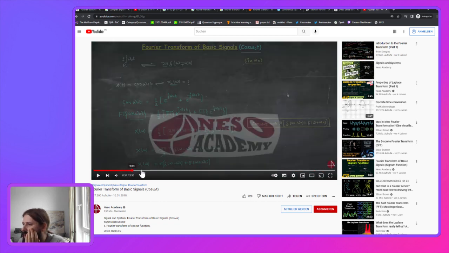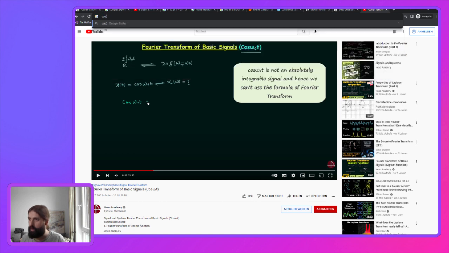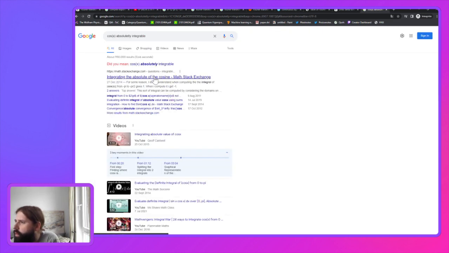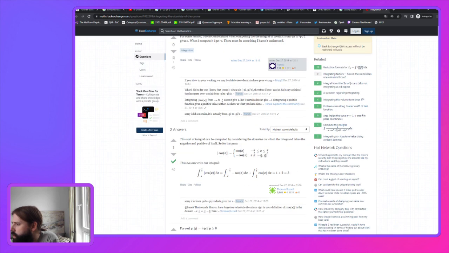Why not? So here they say it's not an absolute integrable signal. Cosine, absolute integral. So for instance, here, the integral.